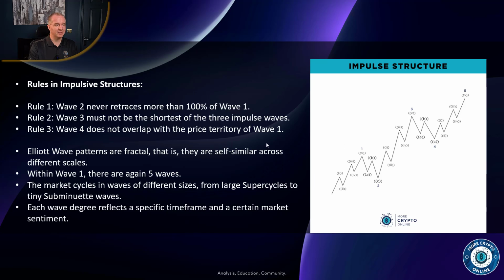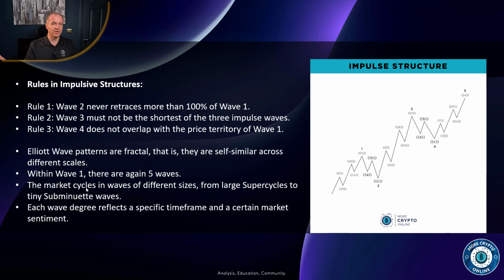And Elliott wave patterns are fractal, and I already mentioned that they are self-similar across different scales. So you find the same patterns on the smallest time frames. If I open the third of a third wave, you would have again 5 waves. And within wave 1, there are 5 waves, and in wave 5, there are 5 waves. The market cycles in waves of different sizes, so you have different sizes, different patterns, different degrees.